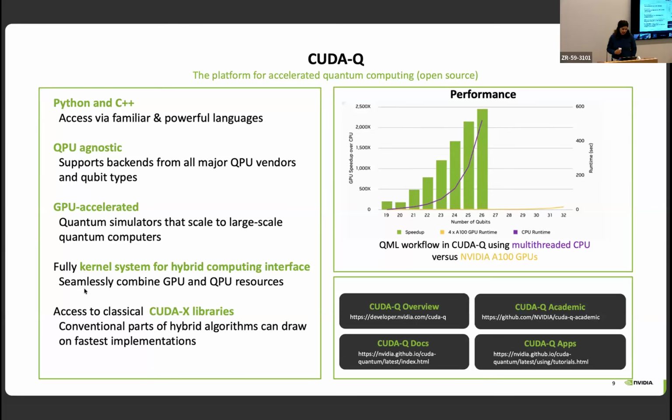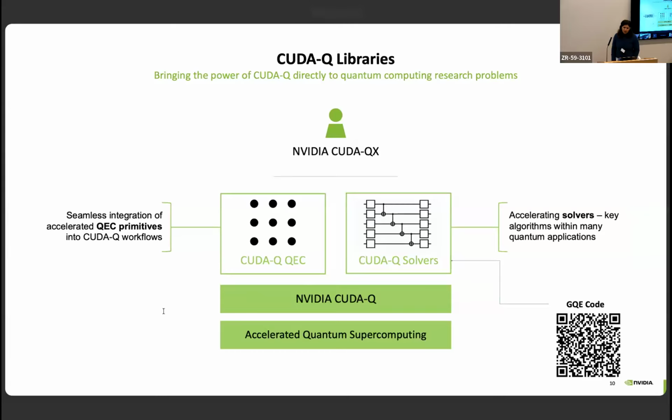And of course, it's meant to be highly interoperable with other CUDA-X libraries, meaning cuDNN or PyTorch or TensorFlow, anything that's built on top of CUDA. We have domain-specific libraries within CUDA-Q.